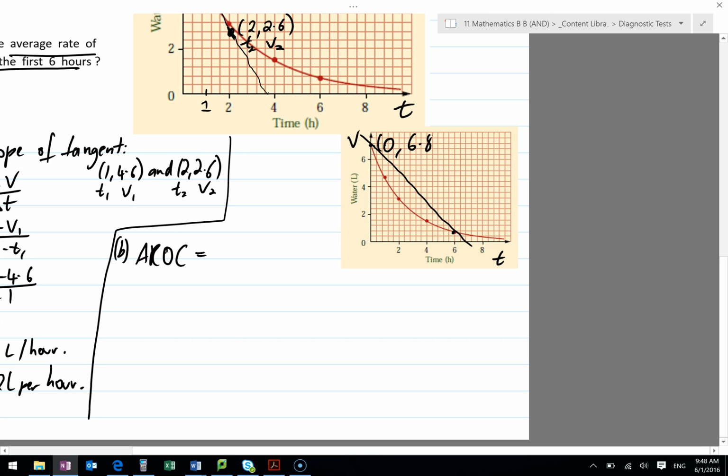I'll call it 6.8. And I'll call this point 6 and 0.8. So I want to find the average rate of change. I've got these 2 points, 0, 6.8, which I'll call T1, V1, and 6, 0.8, which I'll call T2, V2.